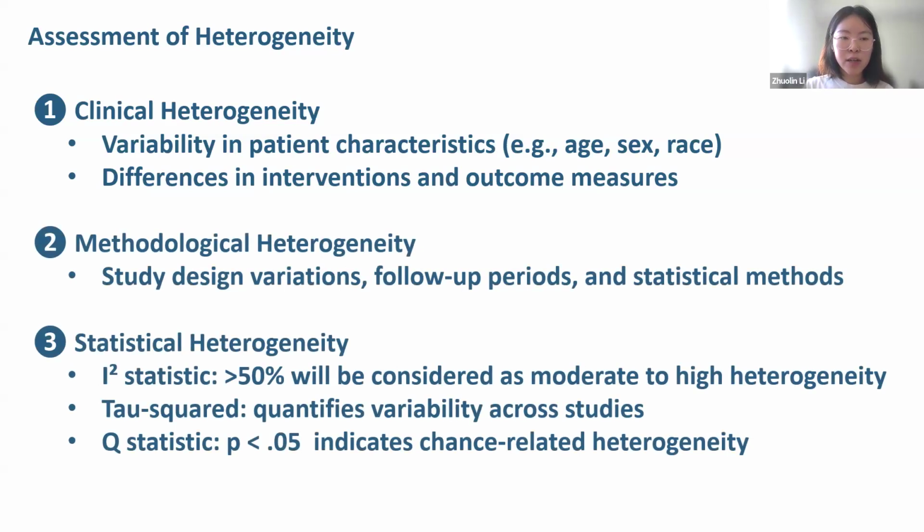If the I-square is higher than 50%, it will be considered as moderate to high heterogeneity. The tau-square will quantify variability across studies. And if the p-value is lower than 0.05 in the Q statistic, it will indicate non-chance-related heterogeneity.